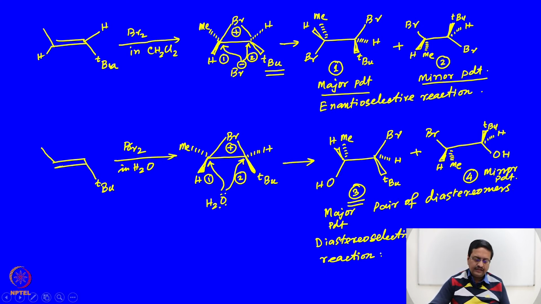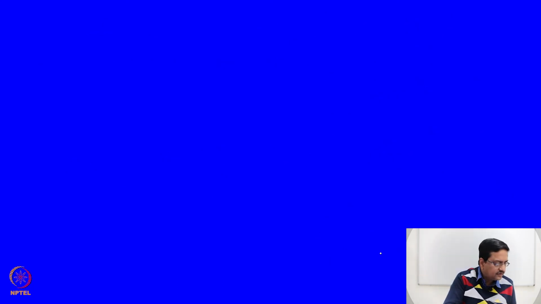Hope you can understand the difference between enantioselectivity and diastereoselectivity from these two examples. Let us now try to see what is called the substrate selectivity.